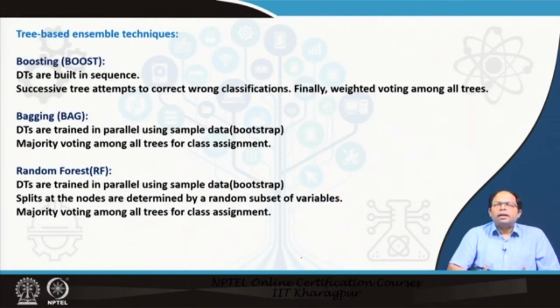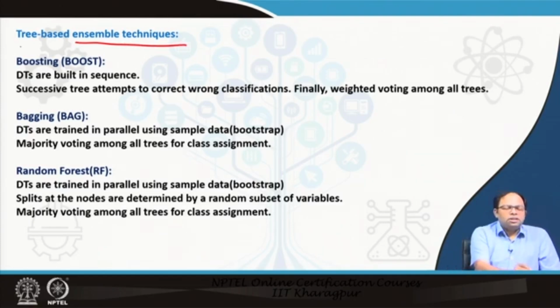Now, there are some techniques in machine learning which are called ensemble techniques, where we combine different techniques, and because we are combining different techniques, we can gain the strength of each one of these techniques. So, these are some of the decision tree based ensemble techniques, like there is something called a boost tree.